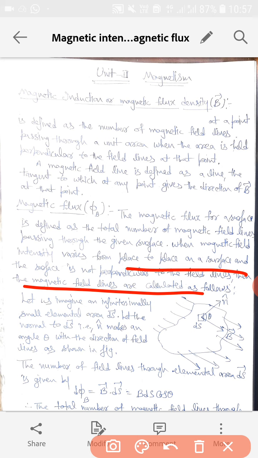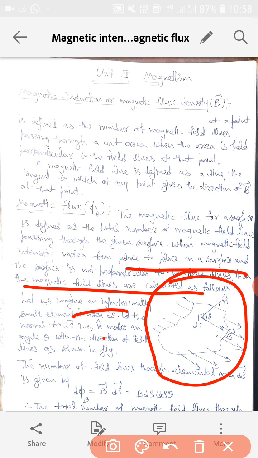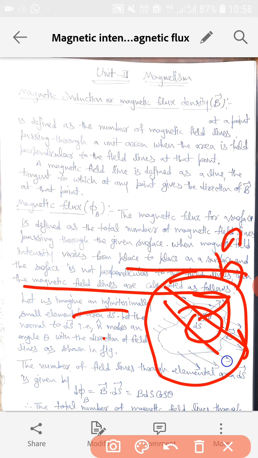Suppose we consider an infinitely small elemental area dS out of this whole surface, whose normal lies in this direction, n cap. And the magnetic field lines crossing through this surface are like this, which means they are not perpendicular to the area normal.